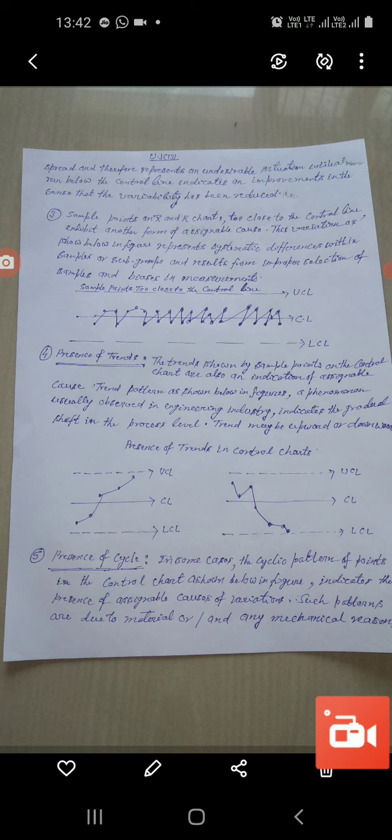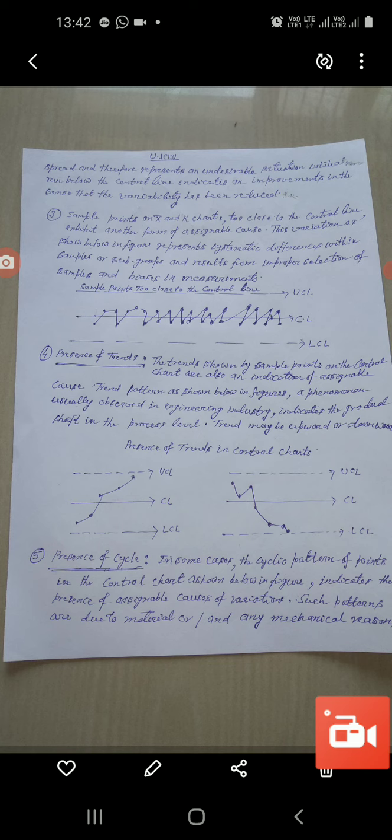Next, the third point, shows sample points on the X bar and R chart too close to the central line. Being too close to the central line exhibits another form of assignable cause.